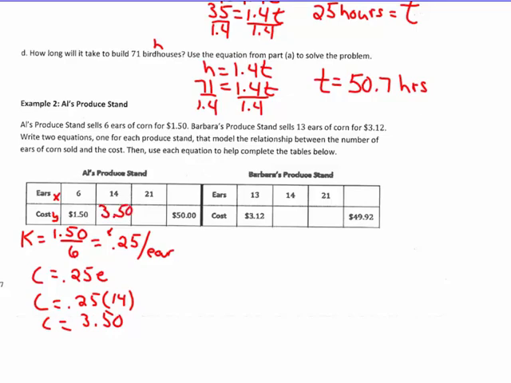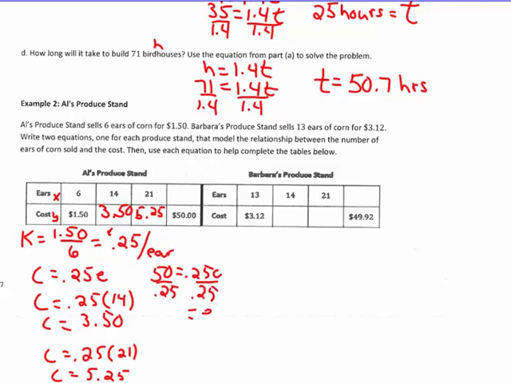If I wanted to know how much it was for 21 ears, again, we're going to do 0.25 times 21, which gives me $5.25. Here, I know I have $50. I want to know how many ears I can get. So now we're going to do 50 equals 0.25e, divided by 0.25. So you can actually get a lot of ears of corn for that, 200.